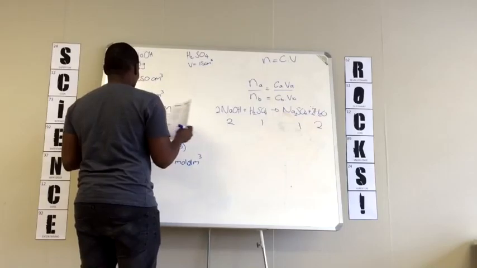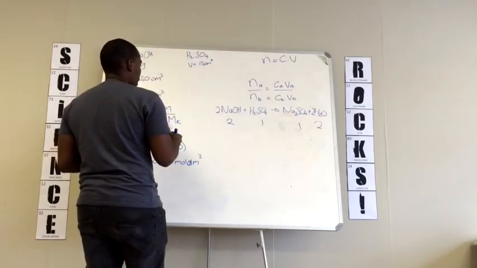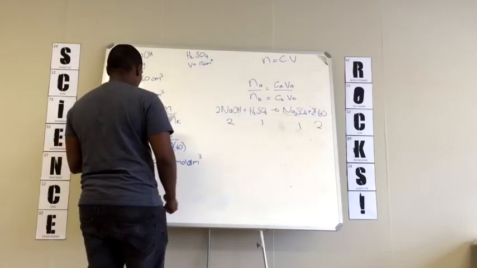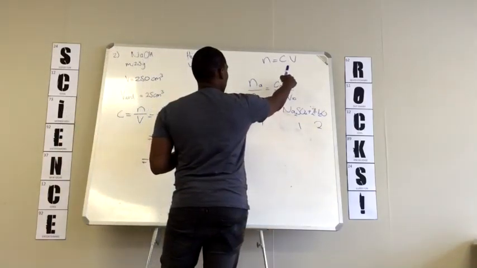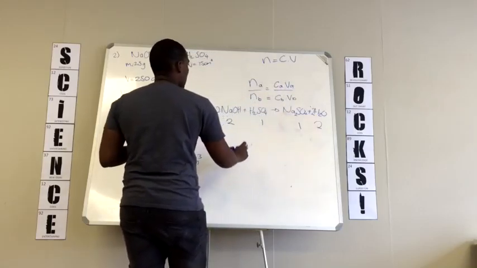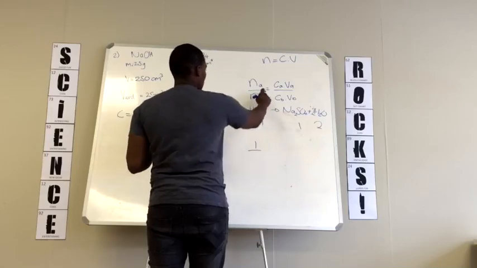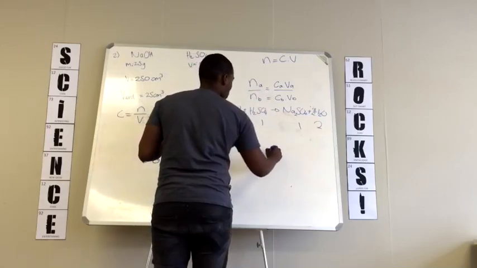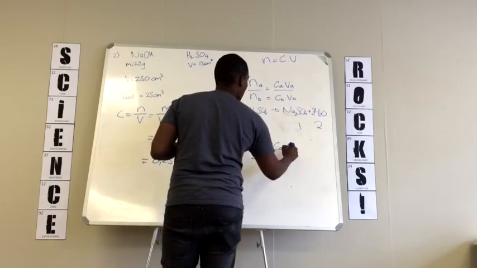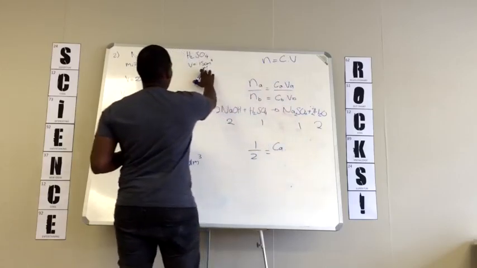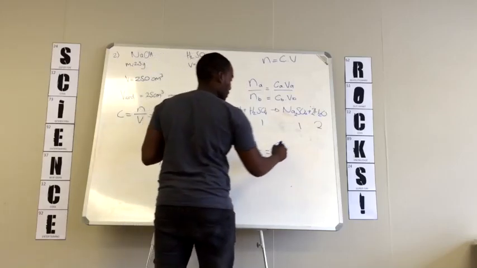Now, to get the concentration of my sulfuric acid, I apply that equation, which is Na over Nb times CaVa over CbVb. Number of moles of my acid is 1, divided by number of moles of my base, which is 2. Ca is the concentration of my acid, which is what I'm trying to find. The volume of my acid is 15 centimeters cubed, which is 0.015 dm cubed.